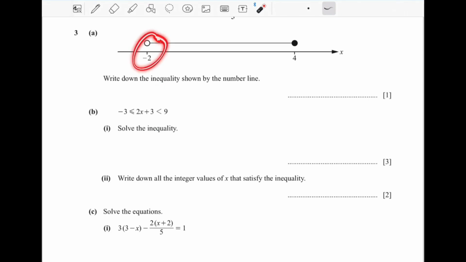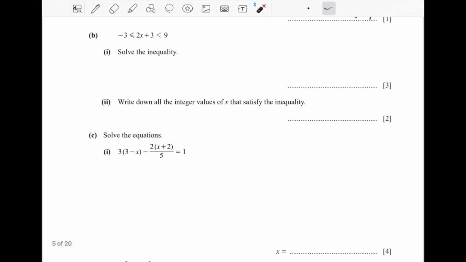Inequality, empty dot, less than, solid dot, less than or equal. Negative 2, less than x, less than or equal 4. Solve the inequality, break it into 2 different parts.